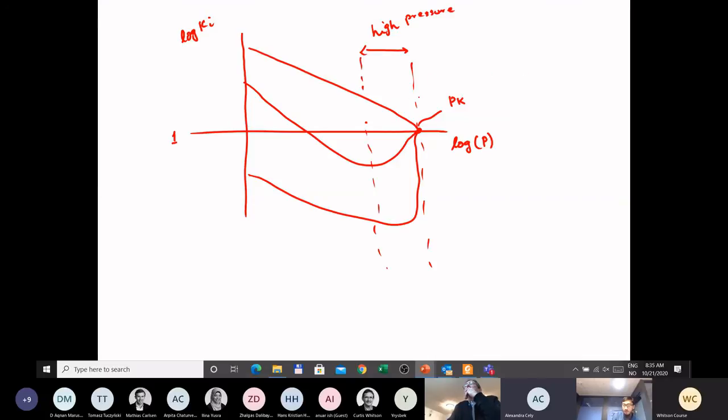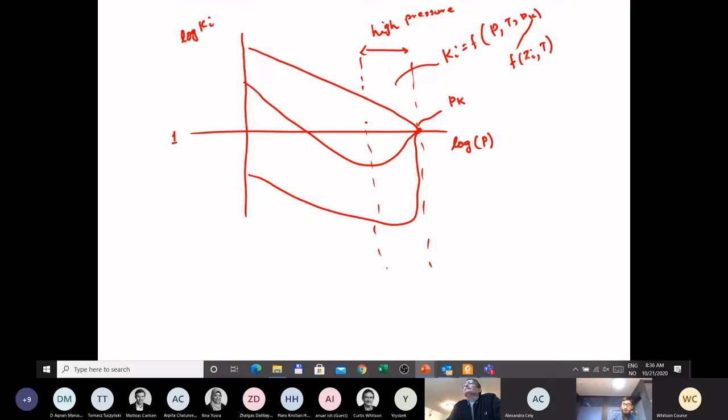So at these high pressures, we know that the K values are dependent. Here the K values are a function of your pressure, temperature, and the convergence pressure. And we also discussed that this convergence pressure is a function of composition and temperature.